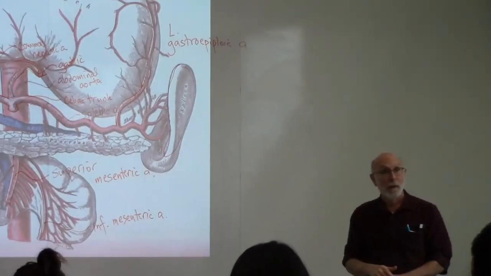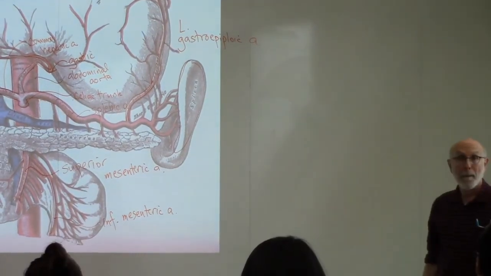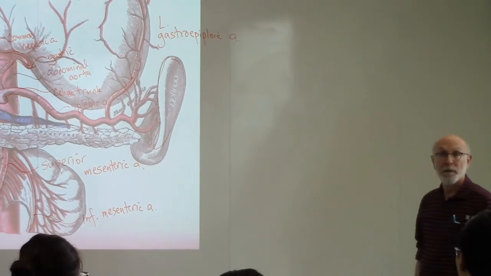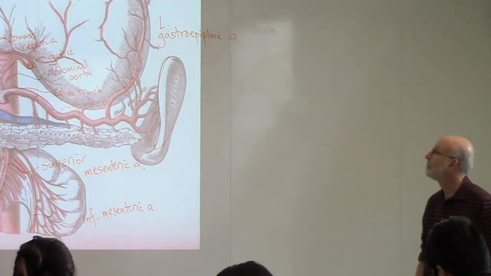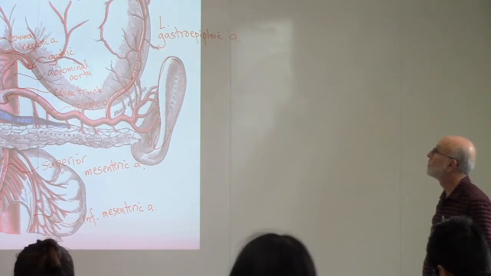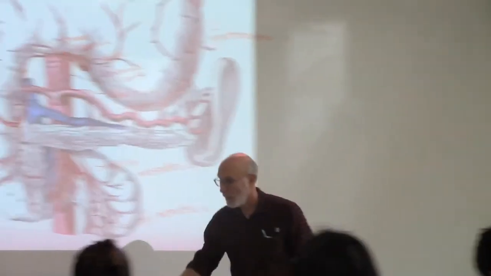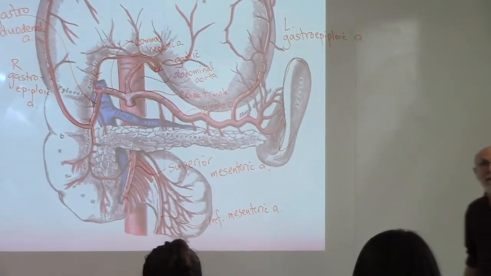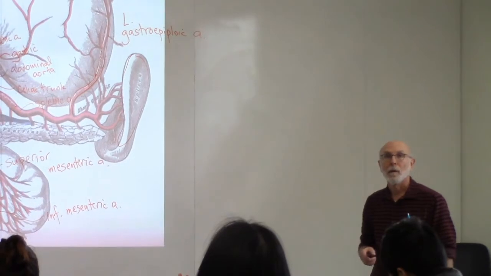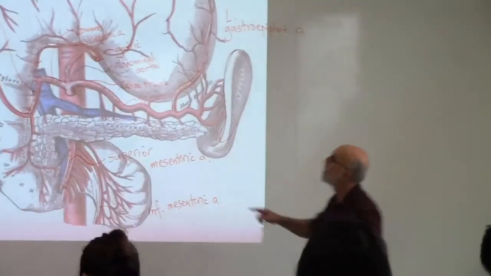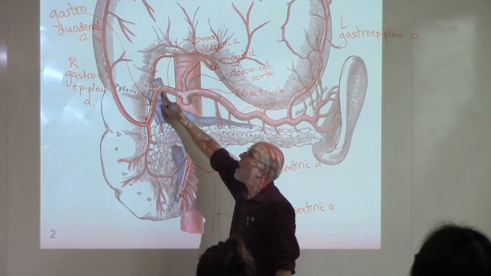Questions? Yeah. Greater curvature. The left greater curvature. Other questions? Where is the gastroduodenal artery exactly? This is the gastroduodenal coming off of the common hepatic.